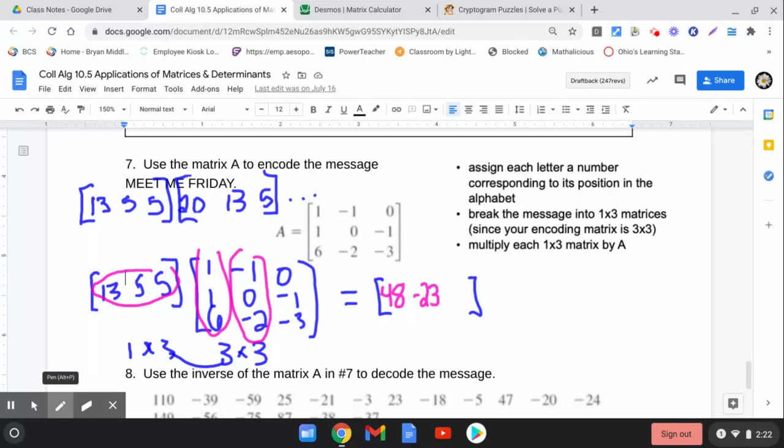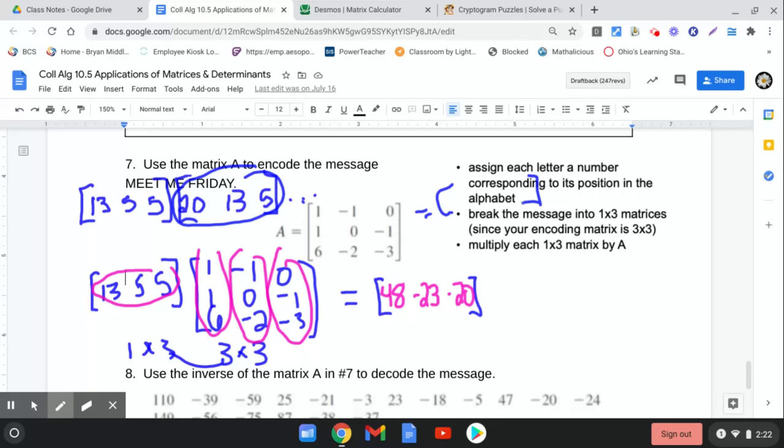And then row 1 by column 3, 0, negative 5, and negative 15, so negative 20. So the first part of the message that I send to my friend is 48, negative 23, negative 20. And then I would do that with the next matrix. I would take it and multiply it by A, and that would give me my next string of numbers. So this is going to send my message.